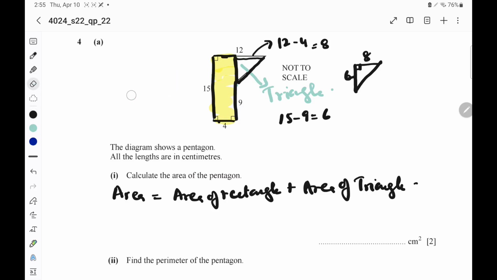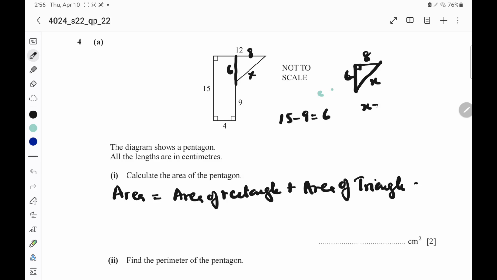Alright, so I'm just erasing. I hope you understood. So this is 8, this is 6, and take for example if it is hypotenuse or it's x. So for finding out this line, x is equal to square root of 8 square plus 6 square, which is 64 plus 36.